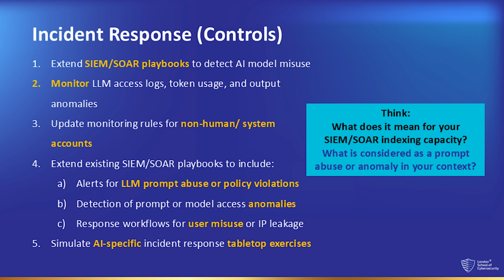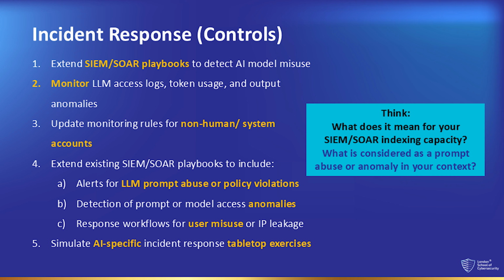Okay, then comes, I did talk about the playbooks, right? But we did not talk about what necessarily goes in the playbooks. So first, we said the AI model misuse, but obviously connecting it back to the risks that we just talked about, we need to ask: was there an abuse of the prompt?